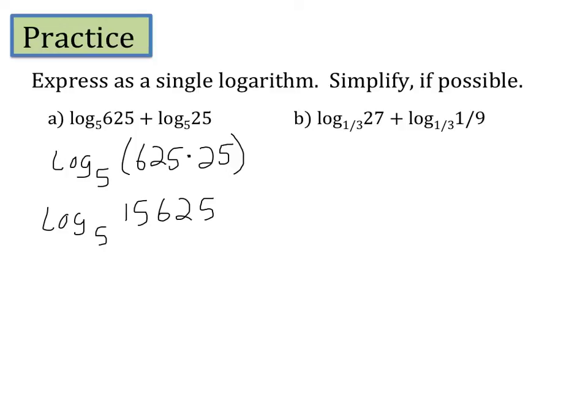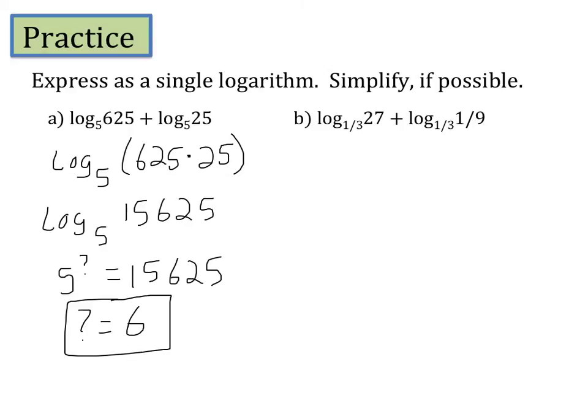So we have to think about what we have to raise 5 to, to get 15,625. We simplify this out and we know that we have to raise it to the value of 6. So 5 raised to the 6 gives us 15,625.